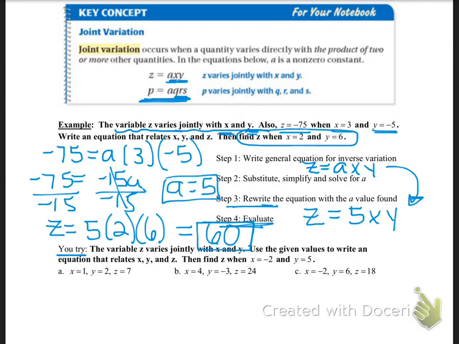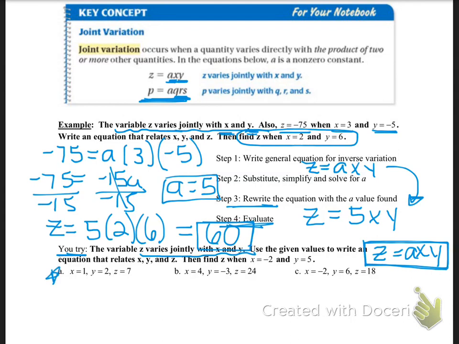So now there's some for you to try. I'll do A with you and then pause the video and check your answers to B and C. The variable z varies jointly with x and y. So we're still going to use z equals axy for all of the problems below, A, B, and C. Use the given values.